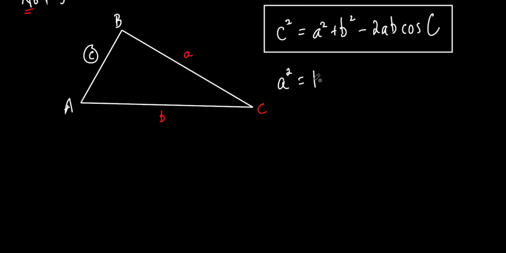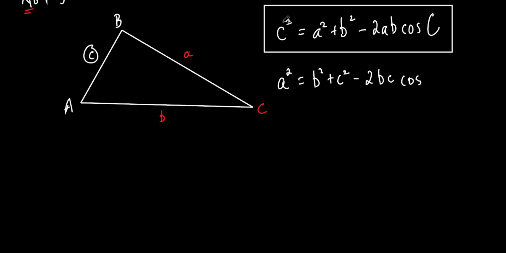So we'll put it in alphabetical order. B squared plus C squared minus 2, and instead of AB, it's going to be B and C. Everybody see that? And then the cosine of what? Is it going to be angle C? Angle A. Very good.